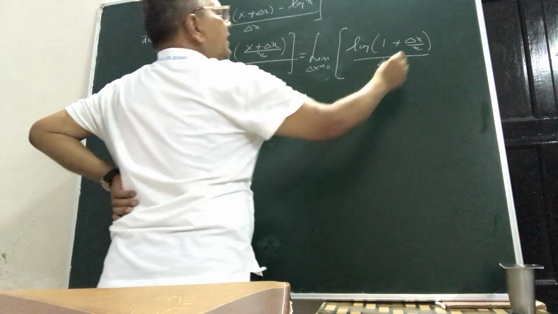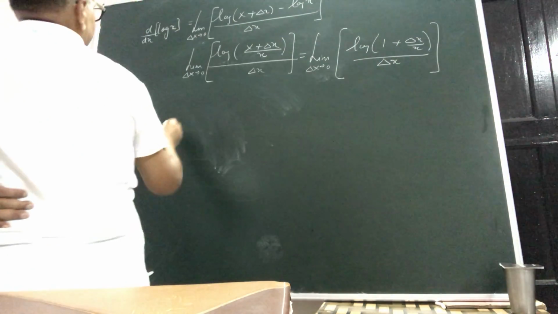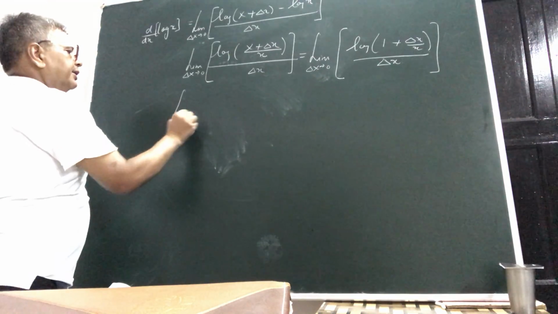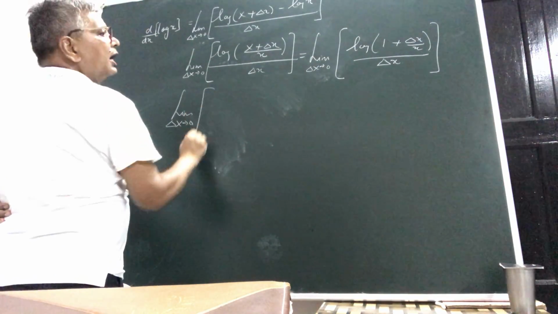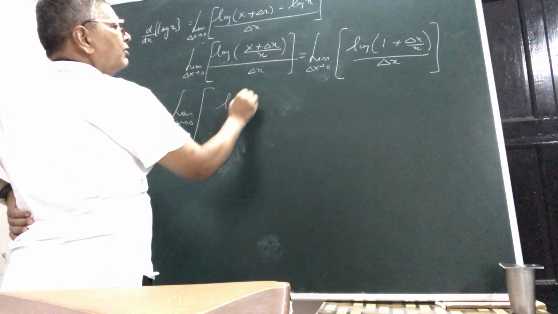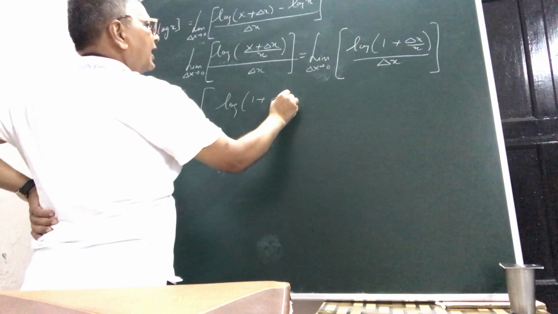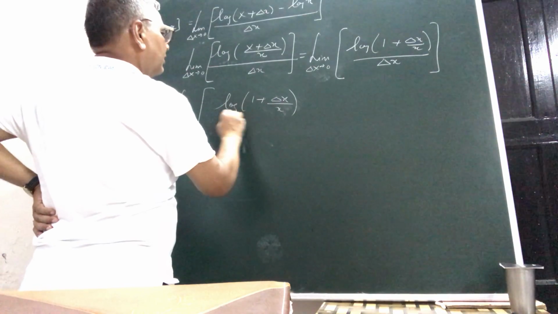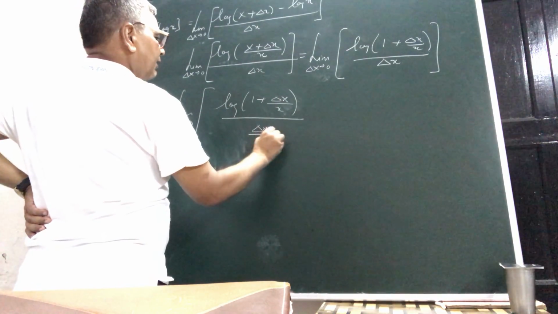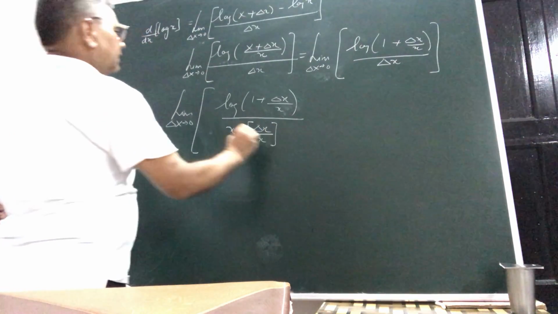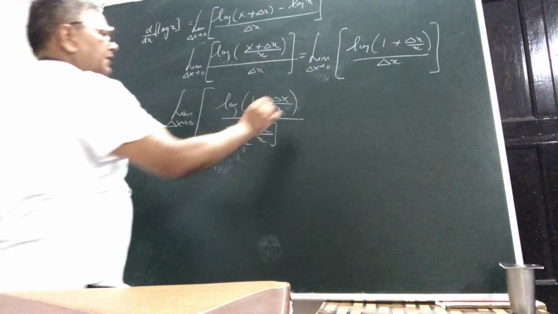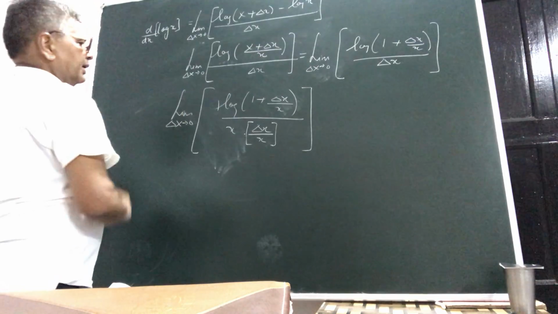Now this delta x we will rewrite like this: log of 1 plus delta x upon x, upon delta x upon x, and then we are multiplying by 1 upon x.